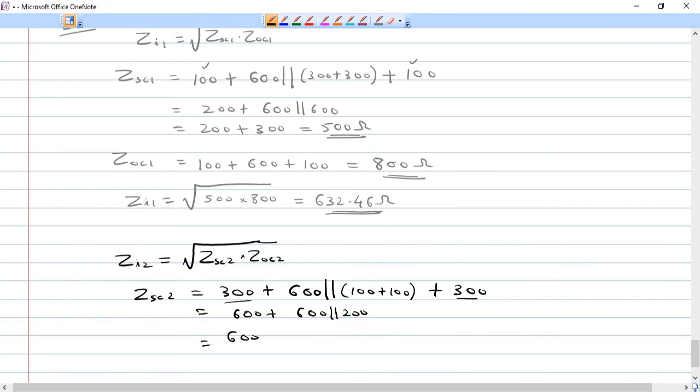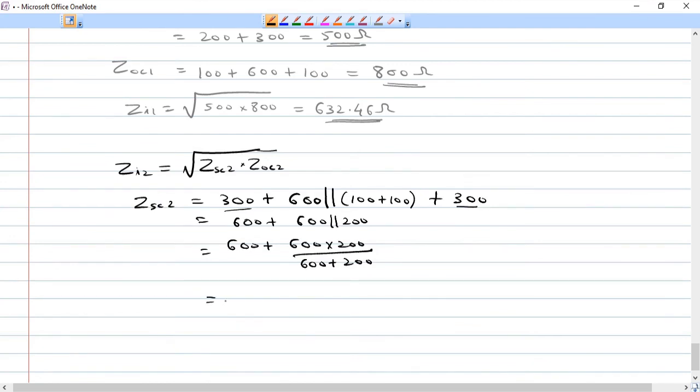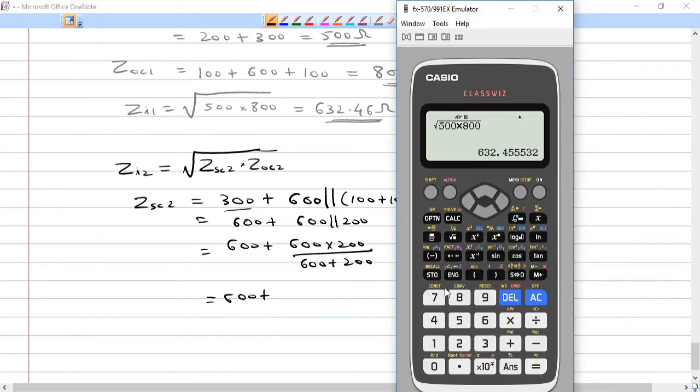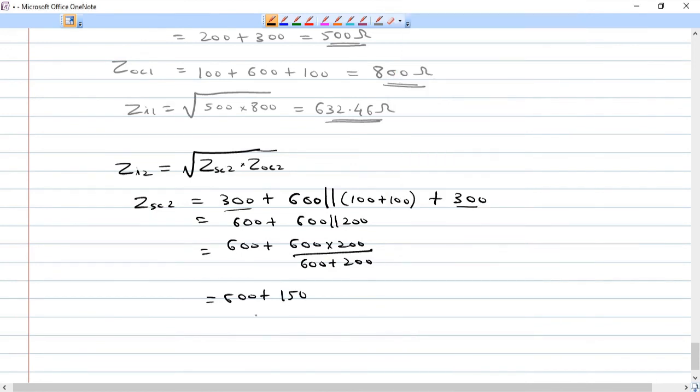That will be 600 plus 600 into 200 divided by 600 plus 200, which is 150. So we get ZSE2 is equal to 750 ohm.